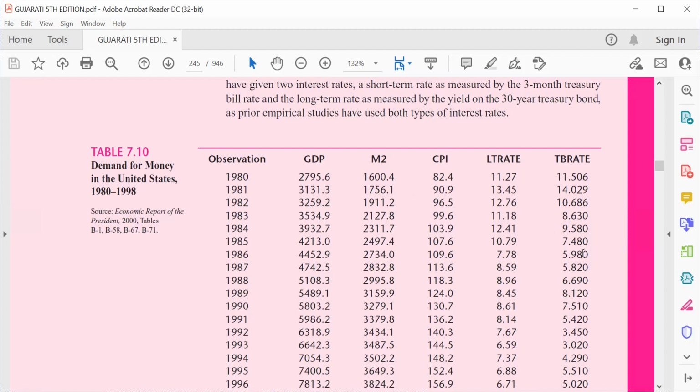You can estimate the demand for money, same thing. You can estimate by using this software. You can use Shazam, or you can use EViews or other kinds of econometric software, especially econometric software.